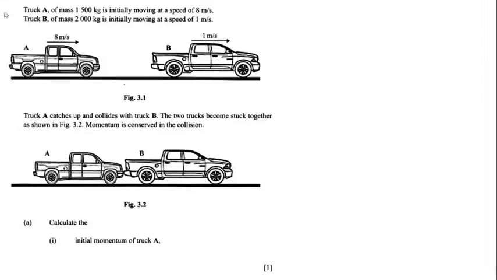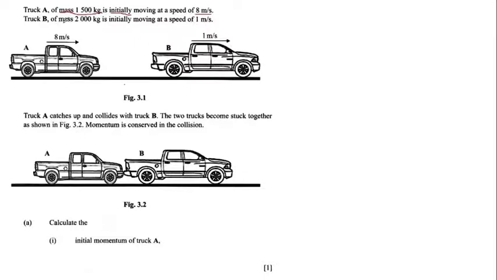Okay, so let's look at the question. Question says, truck A of mass 1,500 kilograms is initially moving at a speed of 8 meters per second.